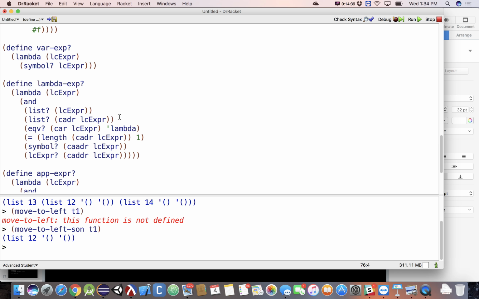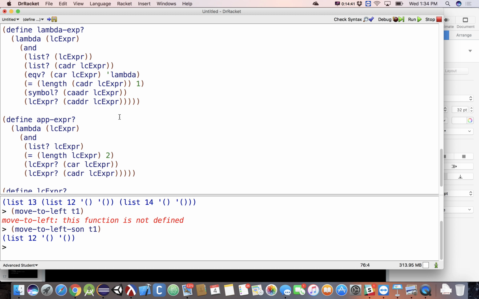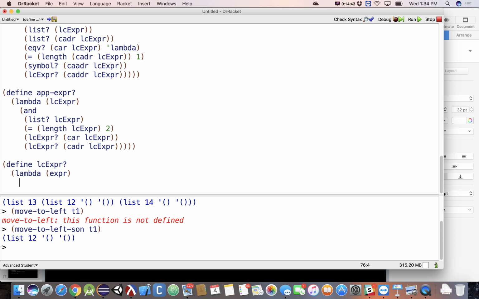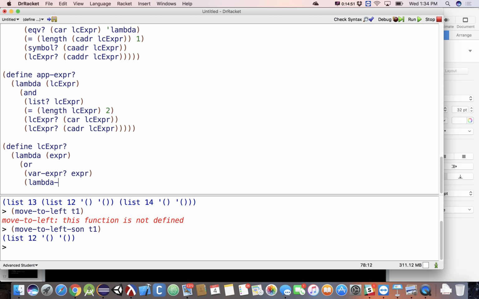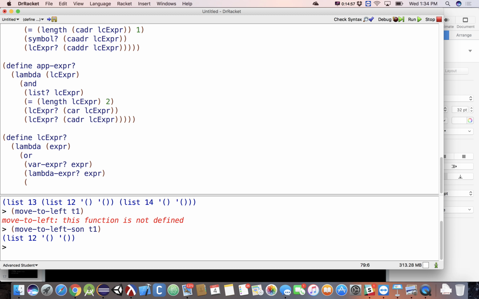A var expression, a lambda expression, or an app expression. So, or var expression expr, lambda expression expr, app expression expr. If any of those guys are true, then this guy must be a lambda calculus expression.